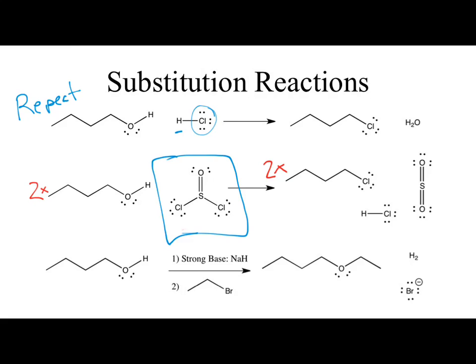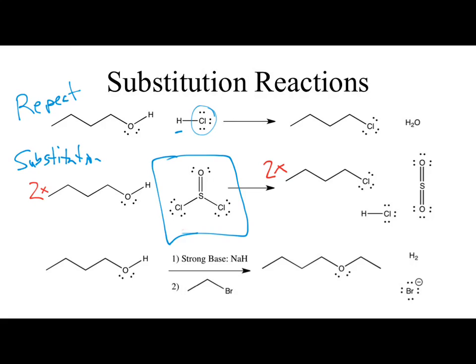An OH was replaced or substituted with a chloride. What kind of reaction do we do here? We have a substitution reaction. Okay? So if for some reason we didn't want to do the acid reaction, we could go through and use this species, also known as thionyl chloride, to do the substitution instead.